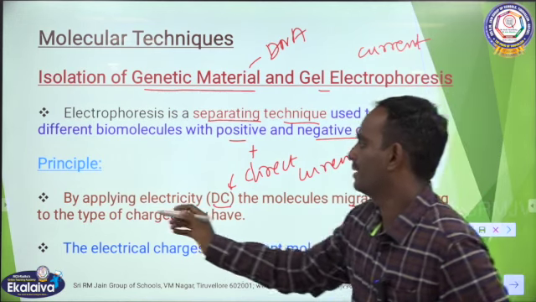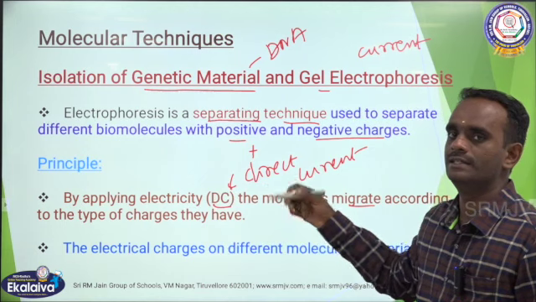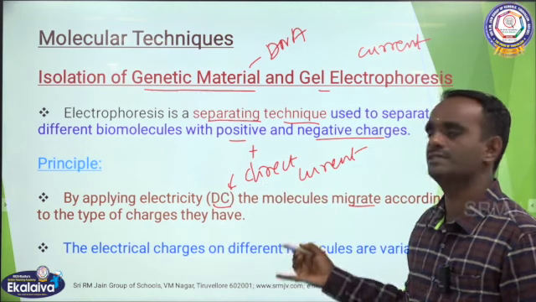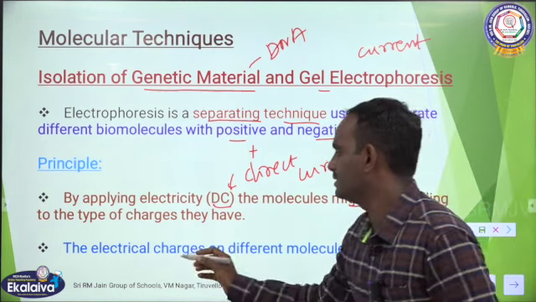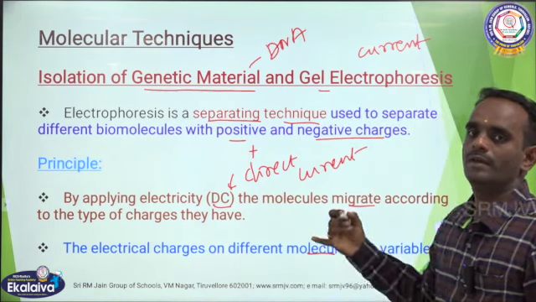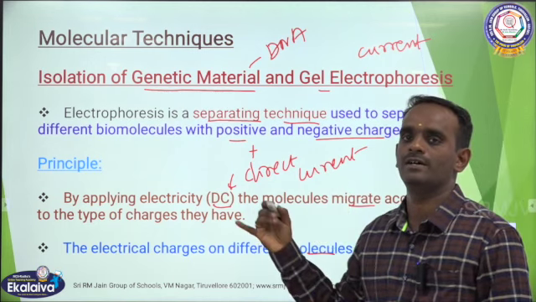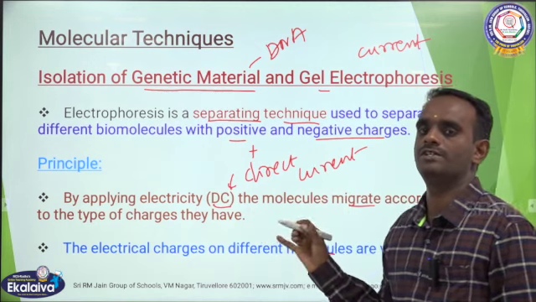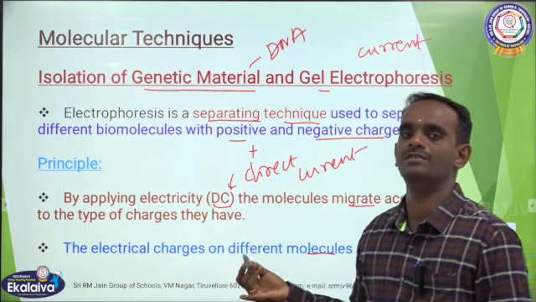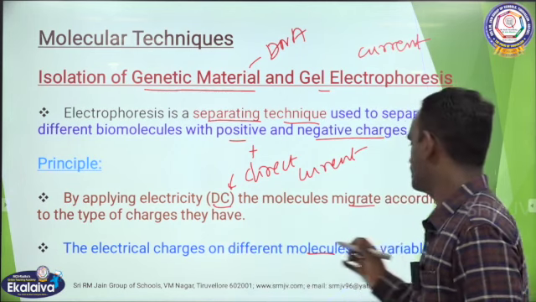Clear? The electric charges on different molecules are variable. So, RNA has a different charge, protein has a different charge, DNA has a different charge. So, each biomolecule has different charges.